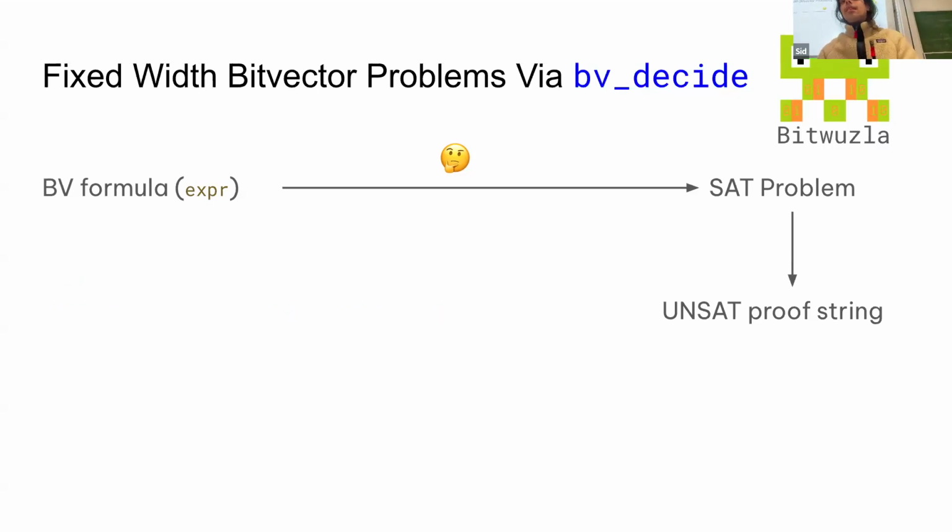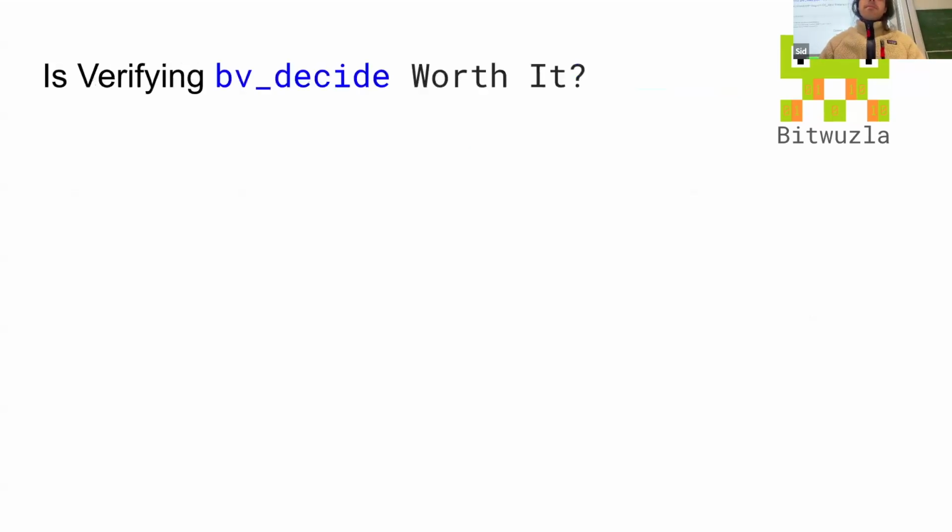There are existing solvers. In particular, the one that a lot of BV decide algorithms are modeled on is called Bitwuzla. I'm told this means fiddler of bits or something like this. They have the state of the art algorithms that we've been adopting into BV decide when we implement it.